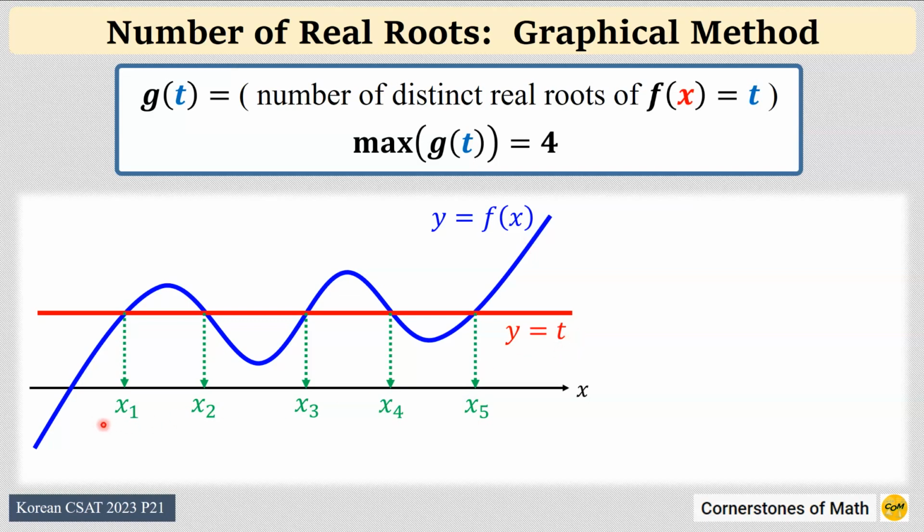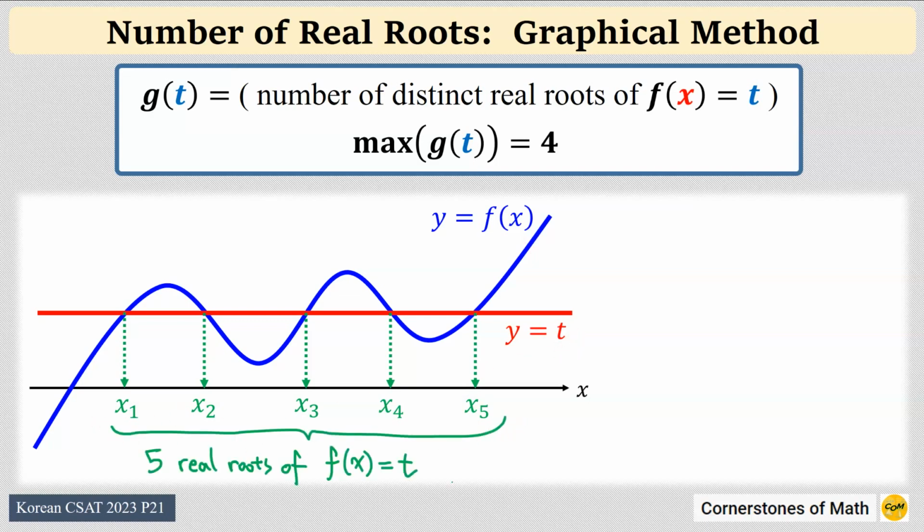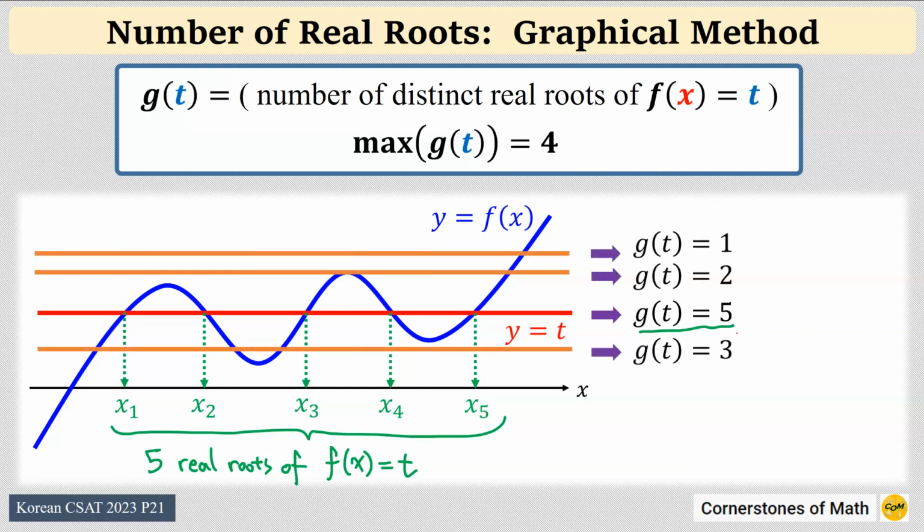In this example, we have 5 intersection points, which means that f(x) equals t has 5 distinct real roots, so g(t) equals 5. Also, if you change the values of t and investigate the number of intersection points, you can notice that the maximum number of intersection points that can ever occur in this case is 5. Therefore, in this example, the maximum value of g(t) equals 5.